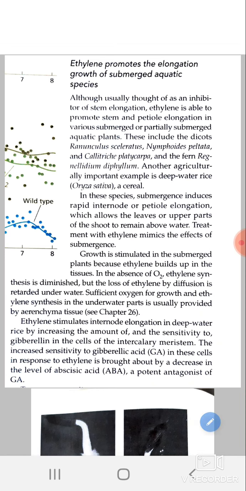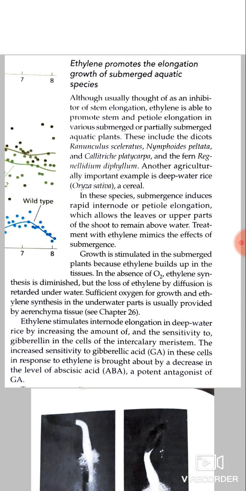Ethylene promotes growth of submerged aquatic species. Although usually thought of as an inhibitor of stem elongation, ethylene is able to promote stem and petiole elongation in various submerged or partially submerged aquatic plants.